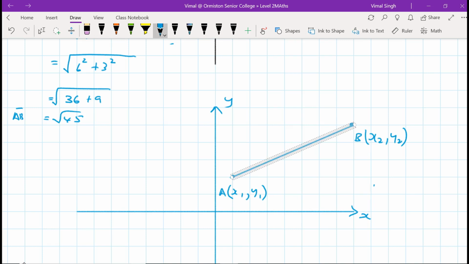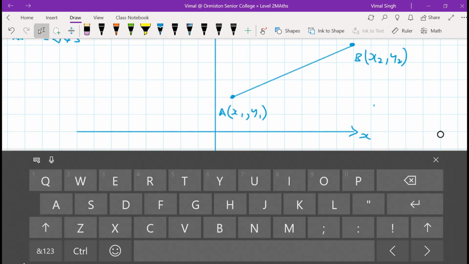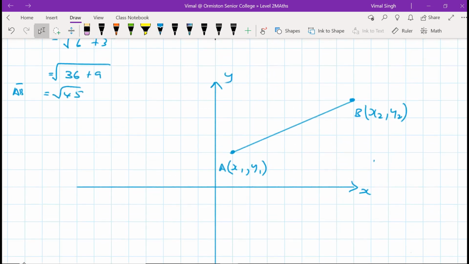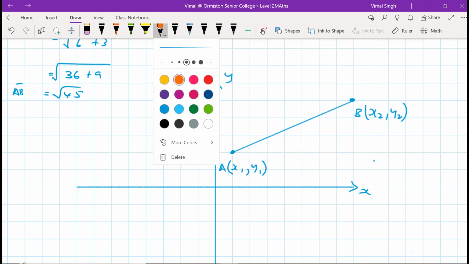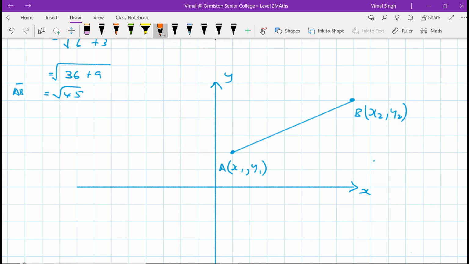Now, I will need to do exactly the same thing as I did before, but this time I am going to draw the dotted line over here so that I can see what I'm actually doing. You don't have to do this all the time. So I want to find the length of the two shorter sides.